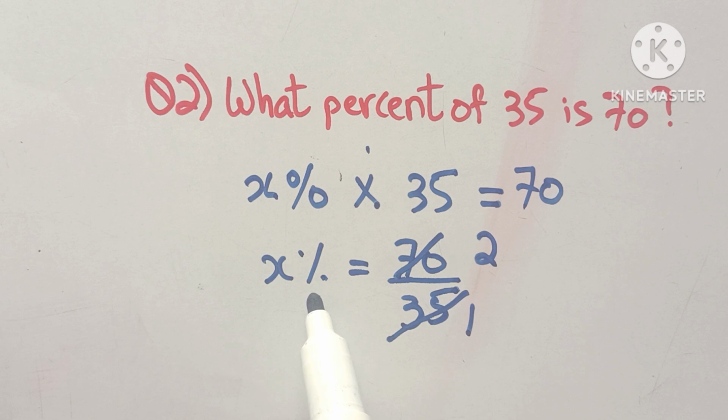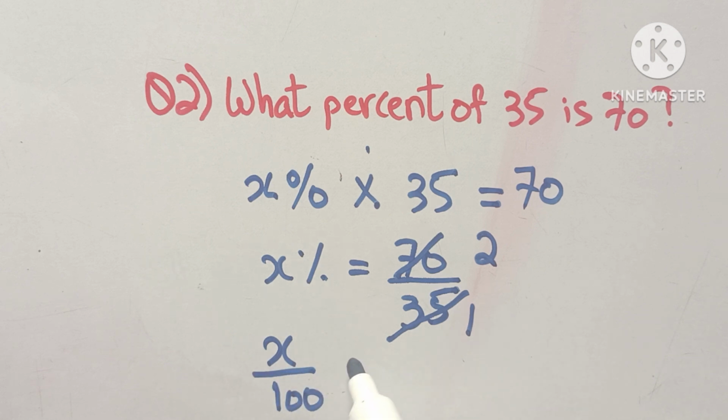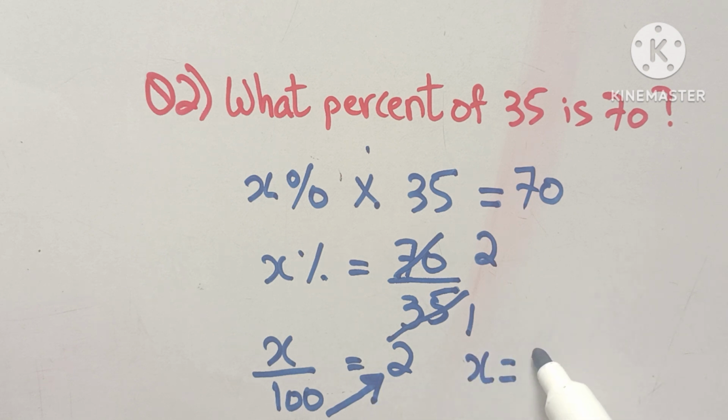Now we have to remove this percentage sign, so 100 will come in denominator. When we take this 100 to the right hand side, it will multiply by 2, and hence the answer is 200.